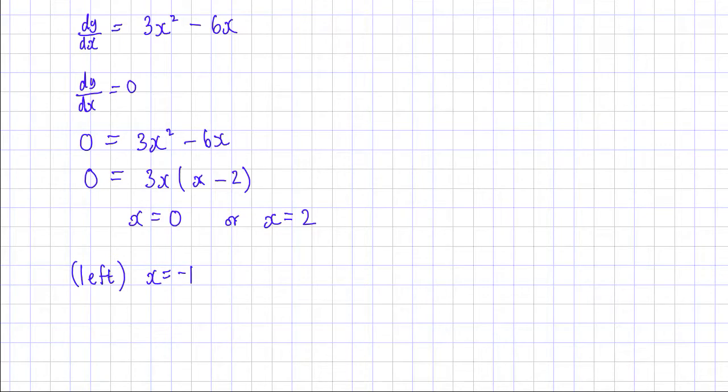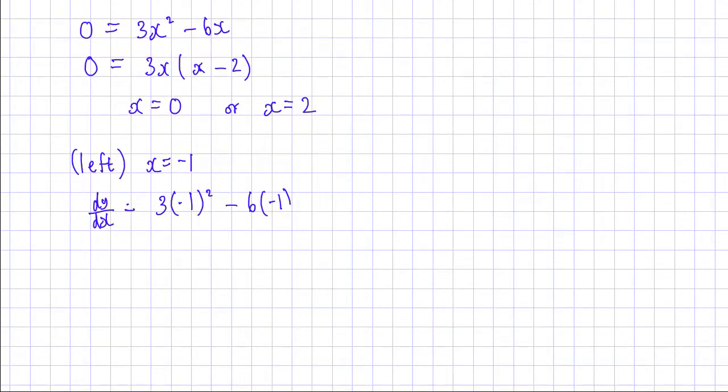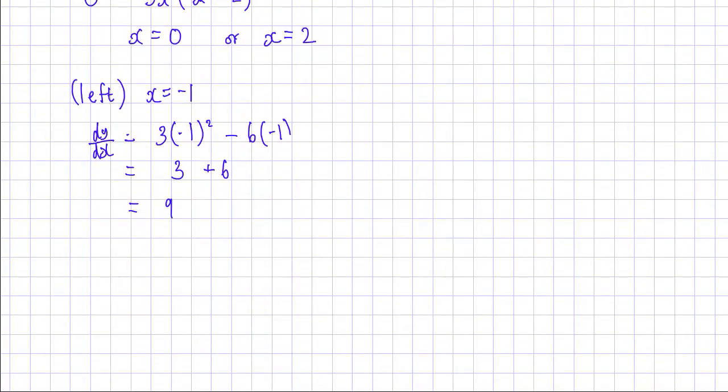So the dy over dx here is going to be 3 times minus 1 squared minus 6 times minus 1. Okay, so this is going to be 3 here, and minus 6 times minus 1 is plus 6, so plus 6 here, and this is going to be 9, so I know this is going to be positive. So on the left hand side, the gradient is positive.